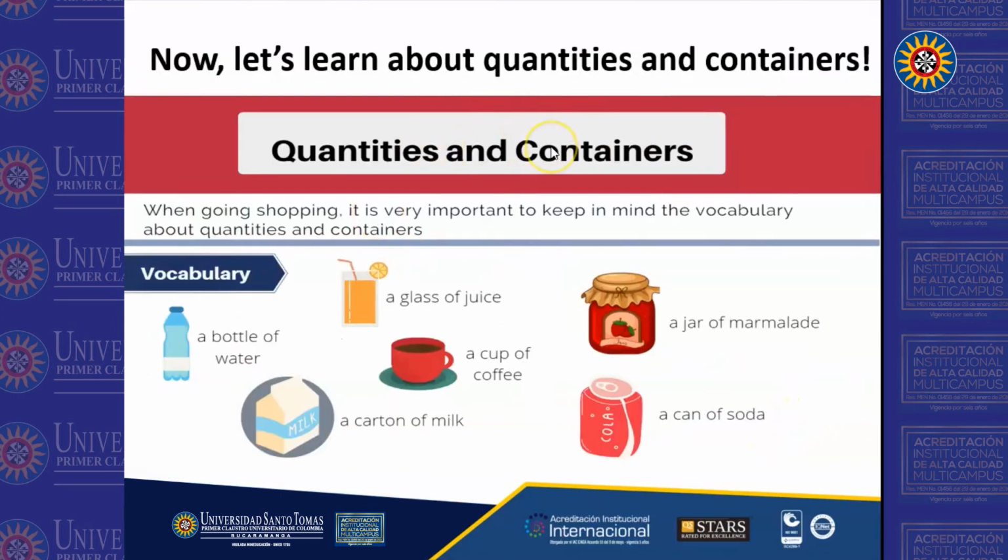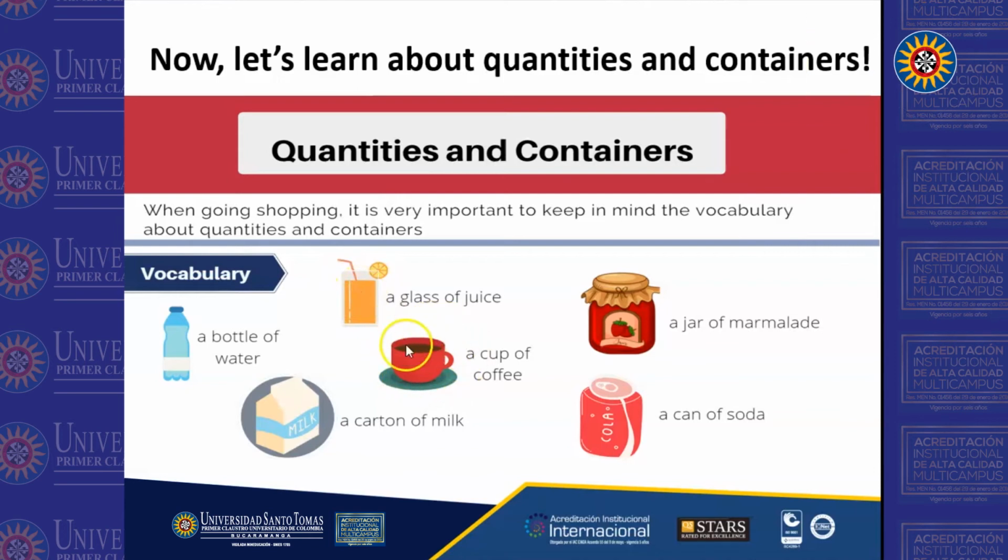Now let's learn about quantities and containers. When we are going shopping, it is very important to keep in mind the vocabulary about it, okay? So let's check some pictures and expressions, right? We have a bottle of water, right? It's a plastic bottle of water. A glass of juice. You can say a glass of juice, a glass of water, right? Look at the picture. This is a glass.